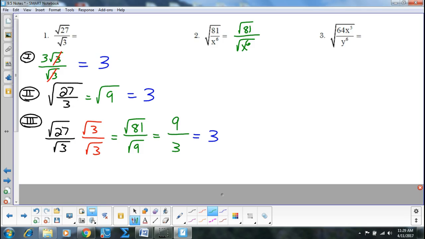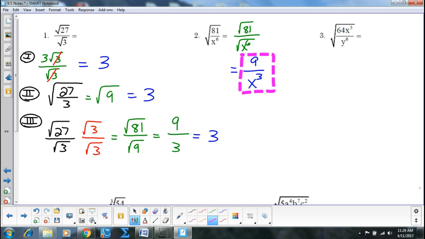What's the square root of 81? 9. What's the square root of x to the 6th? X cubed. Are there any radicals in the denominator? No. Okay. What I'd like you to do now is numbers 3, 4, and 5.